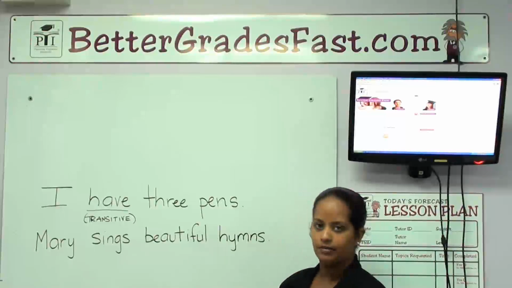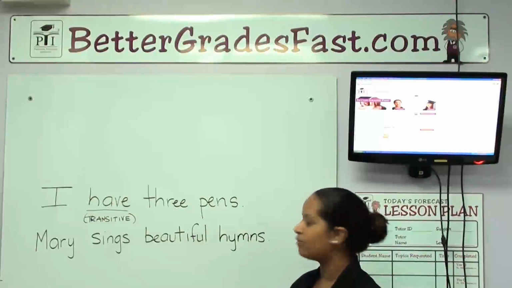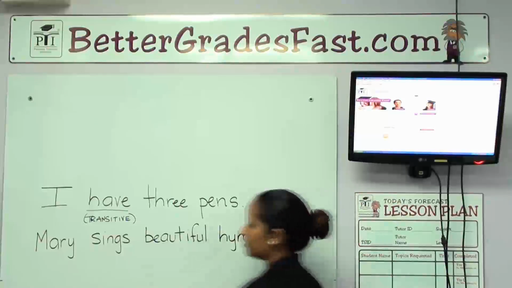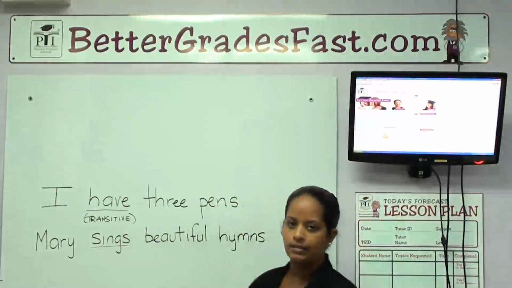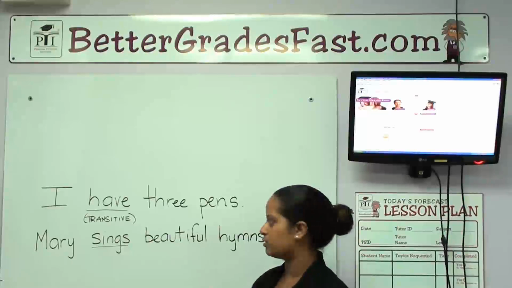What is the verb here? Because a verb is an action word, we know that the verb here is sings. Who sings? Mary. That's the subject.